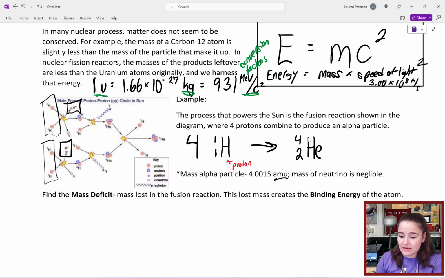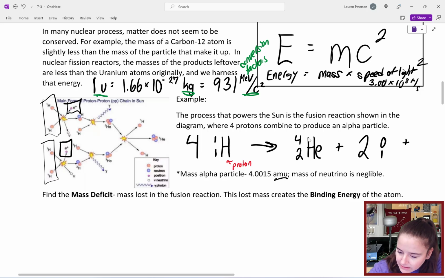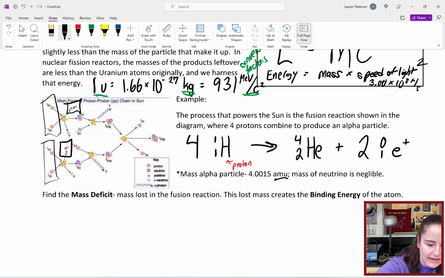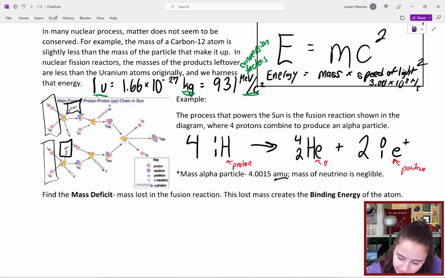Those are the positrons, so plus 2, 1, 0. Sometimes you'll see it as a B positive. They did it as an e positive, so I will do it there. That is a positron, and this one is that alpha particle.